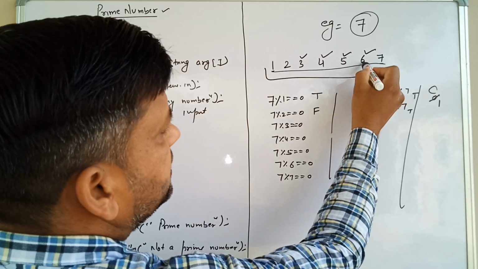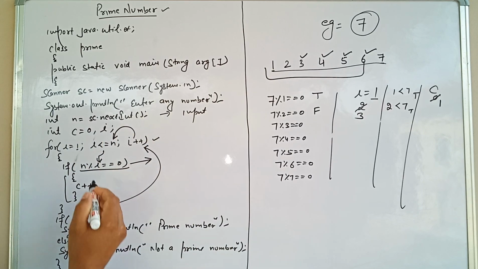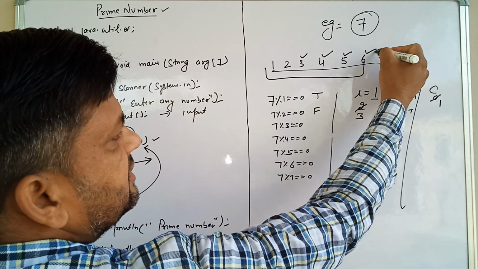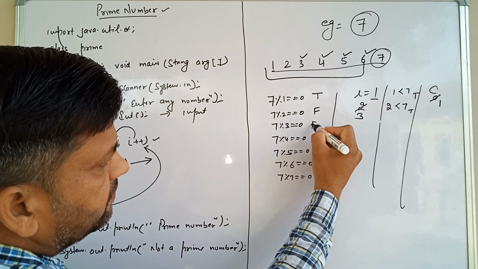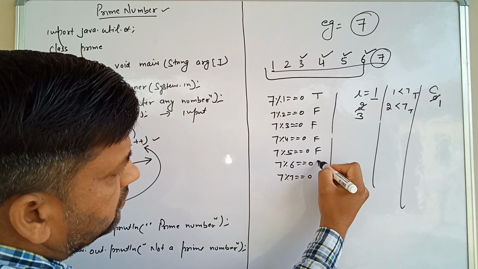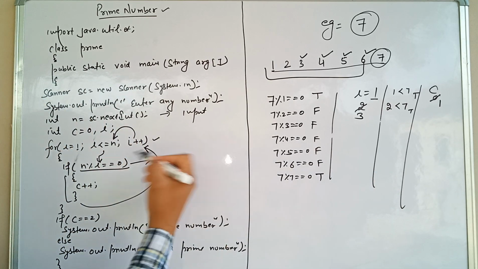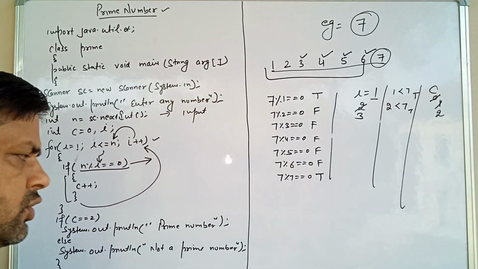From 1 to 6, this condition will return true only once, when I value is 1. So next time when I will be 7, how will this condition be evaluated? 7 mod 7 equal to 0, condition true. If the condition is true, C will be updated, C will become 2.